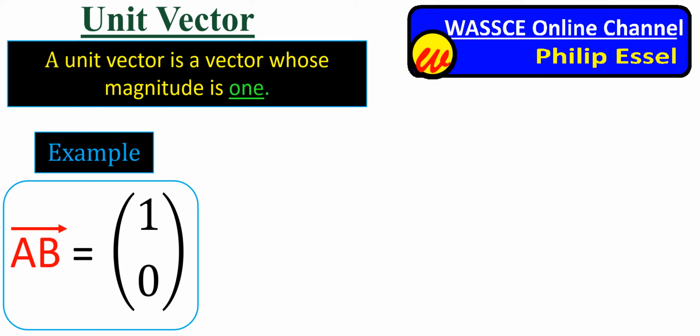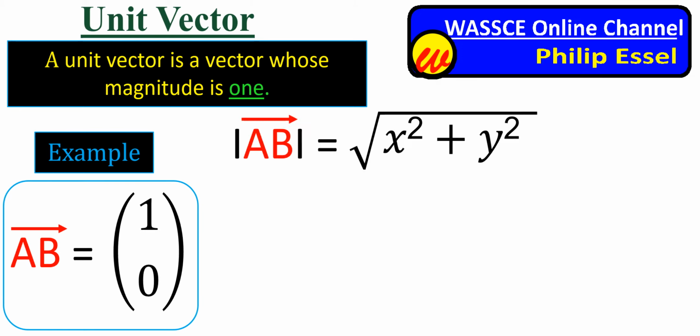If it has a magnitude of 1, then it is a unit vector. So the magnitude of vector AB would be given by this, where the symbols x and y are the x and y components of the vector AB respectively. The x component of the vector AB is 1, and the y component of the vector AB is 0.